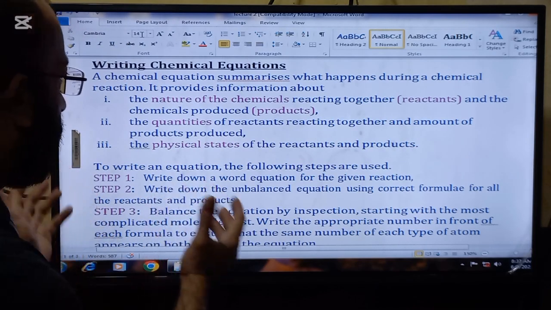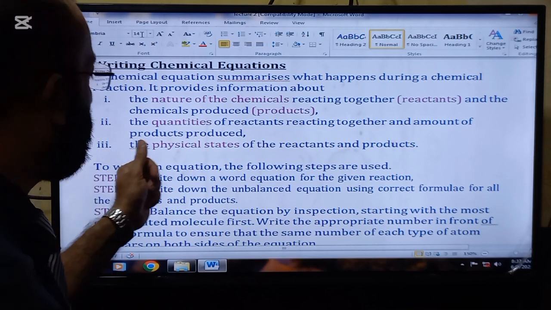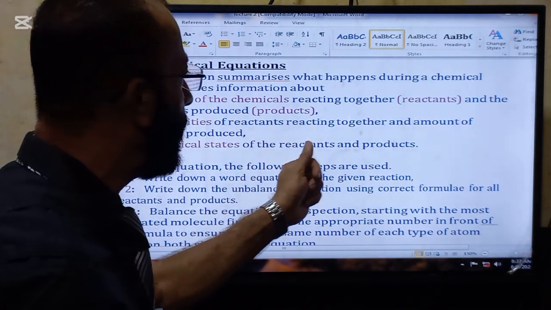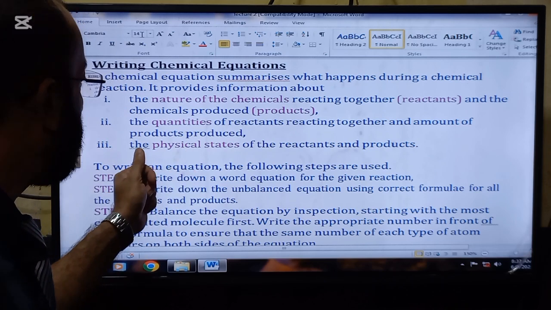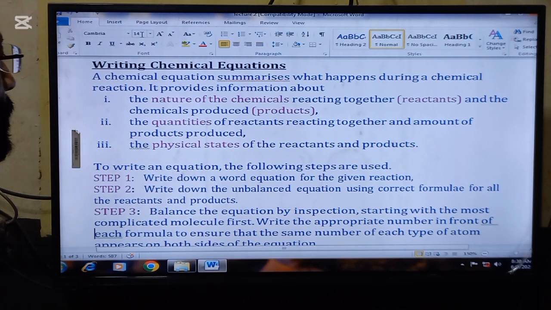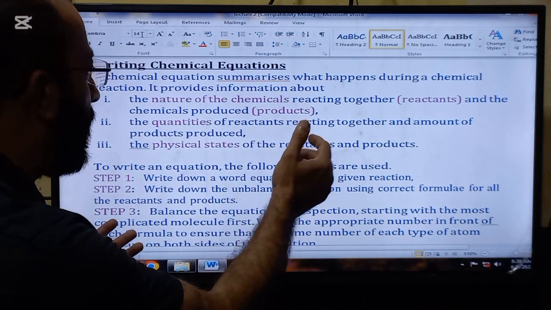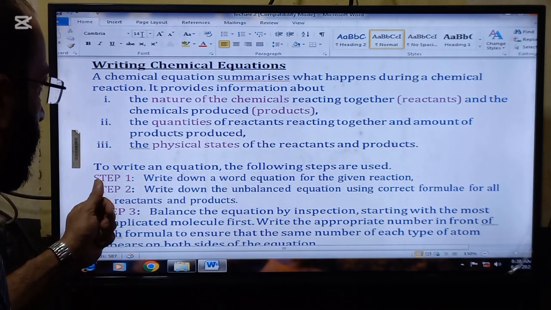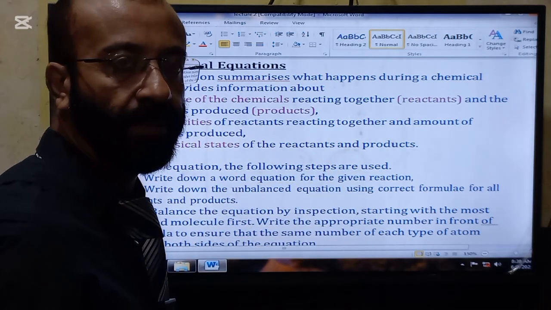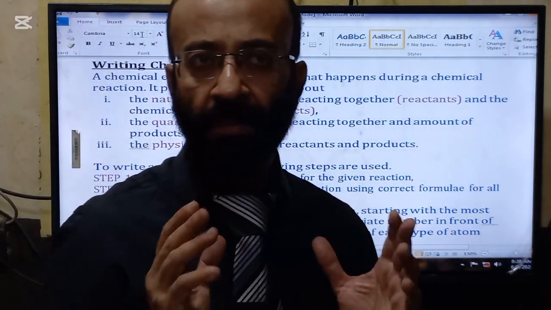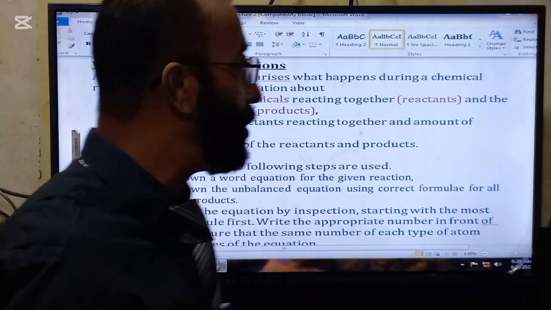Second, the quantities of the reactants reacting together and the amount of the products produced. And the third thing that a chemical equation gives us is the physical states of the reactants and products.